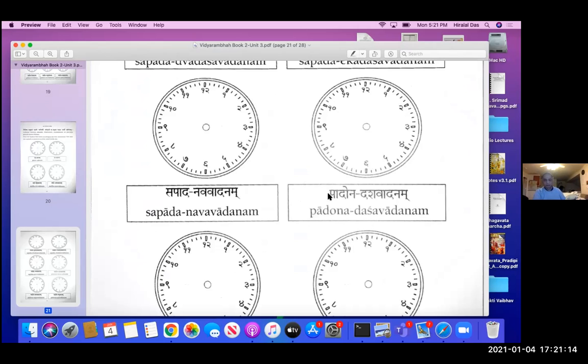Yes. Okay, please go ahead, Krishna Chaitanya. The short hand will be at 10, between 9 and 10, close to 10, a little less than 10. And the long hand will be at 9. Very good. That's the way it should be.